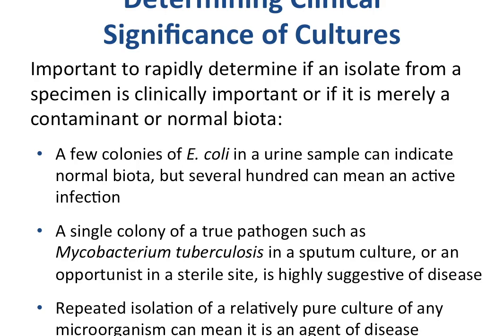Another case is for the tuberculosis. Tuberculosis is not a normal microbe that exists in our body. If we collect sputum samples, even if we only find one single colony of Mycobacterium tuberculosis, that's it.